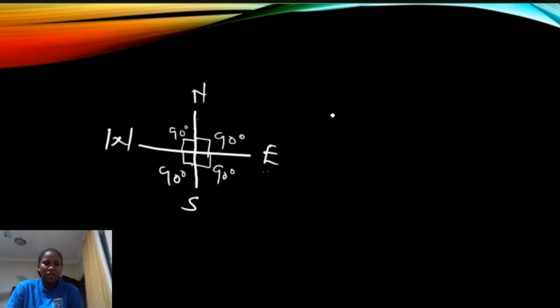Assuming it was to be mentioned in bearing form, it would be 360 degrees. So the north, since it's the reference, has a bearing of either 000 degrees or 360 degrees.